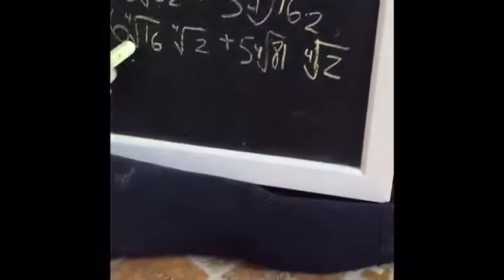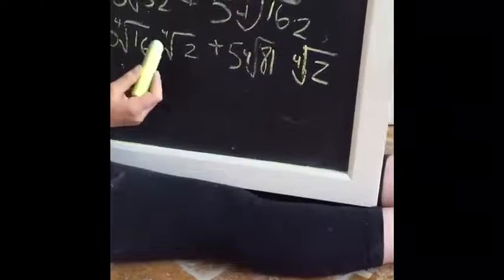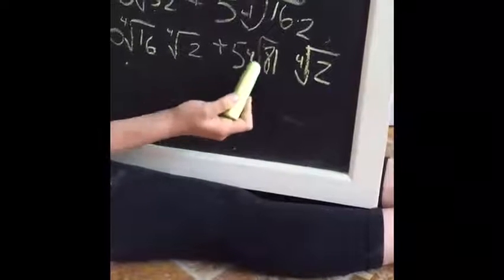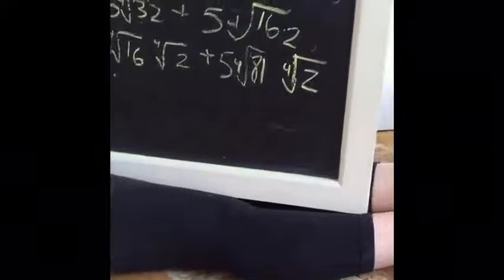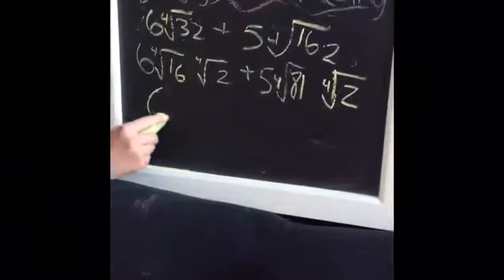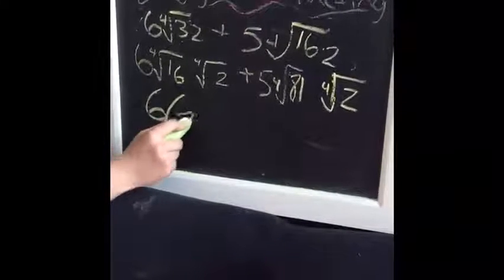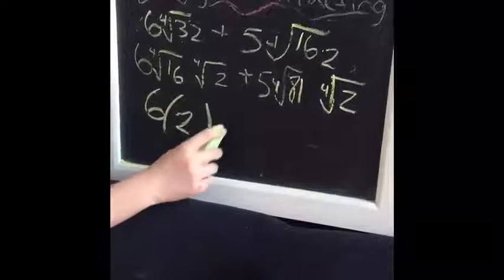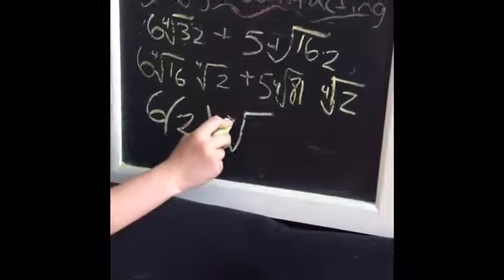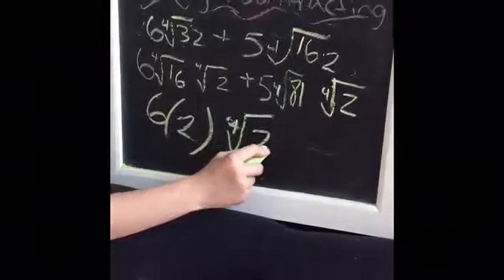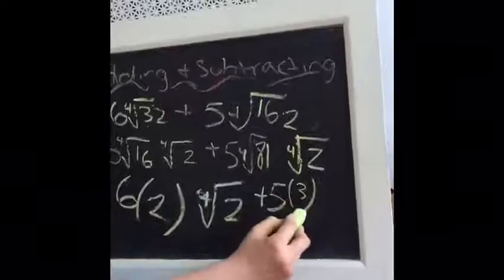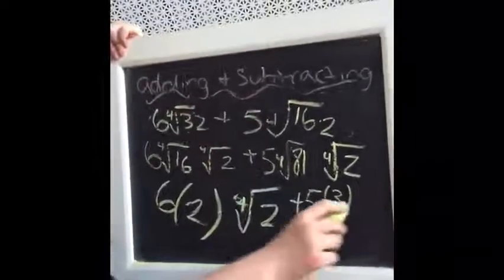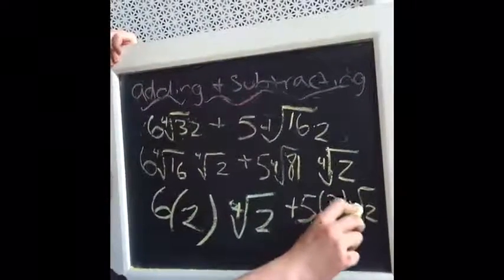So it becomes 6 rad 16 with 4 in the index, and then rad 2 with 4 in the index, plus 5 with 4 in the index, rad 81, and then rad 2 with 4 in the index. And after we simplify it, that becomes 6 times 2, and then rad 2 with 4 in the index, plus 5 times 3, and then again rad 2 with 4 in the index.